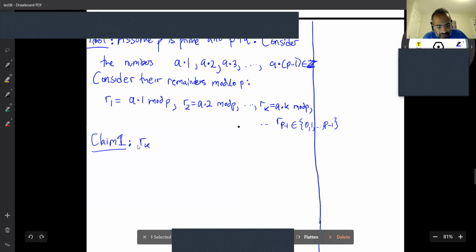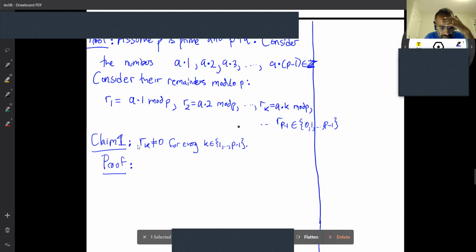So RK is not equal to 0 for every K. So none of the remainders are 0. Proof. So it's a proof within a proof. That's okay. It's a proof of the claim.